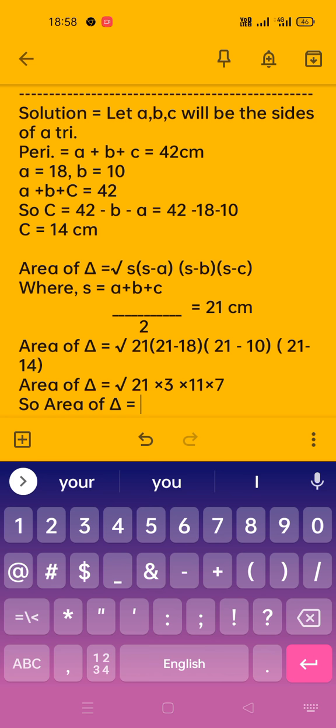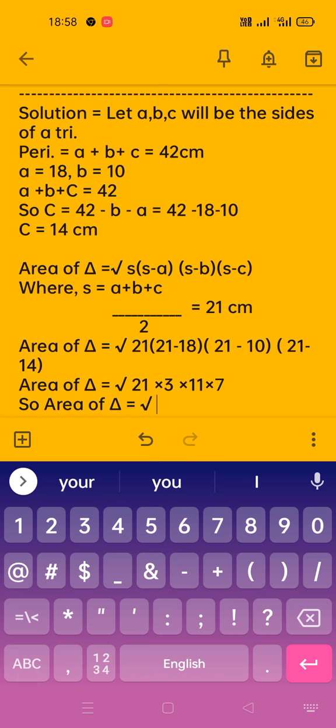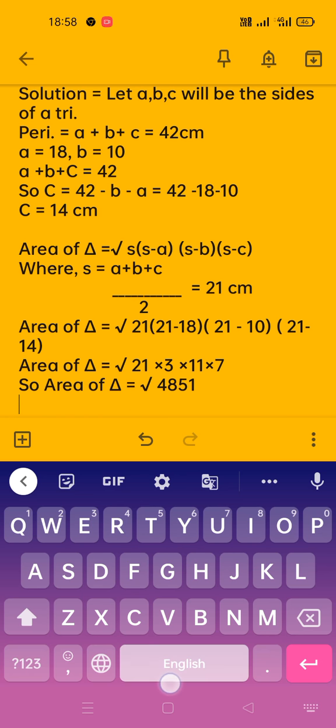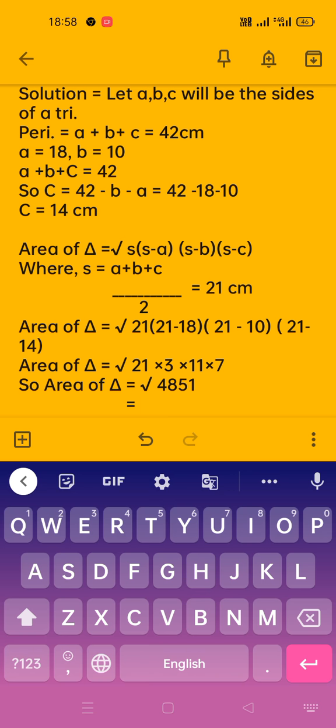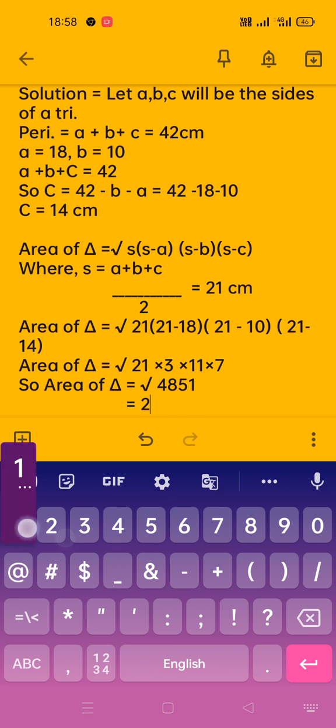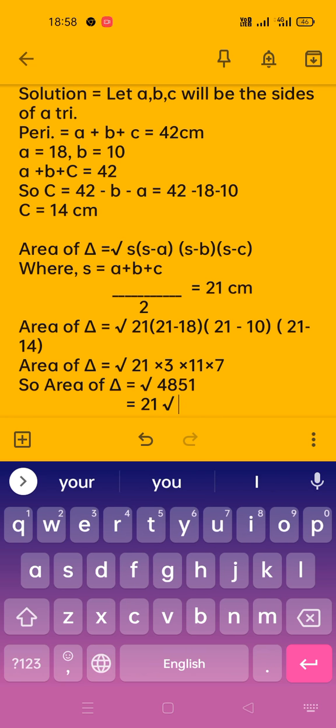So it will come inside the under root. When we multiply all the values, we got it in under root. And again, when we do it in the form of root, it is 21 under root 11, right?